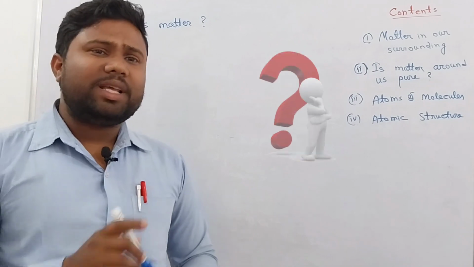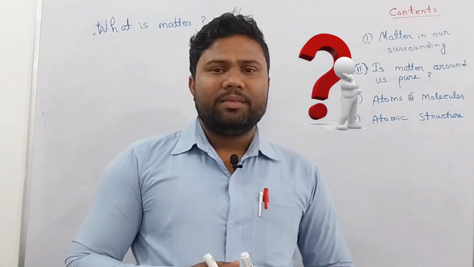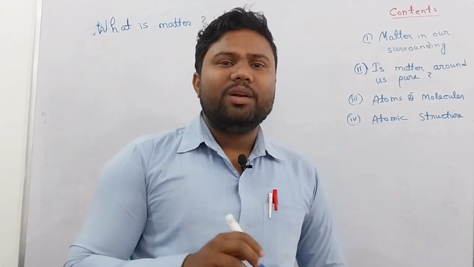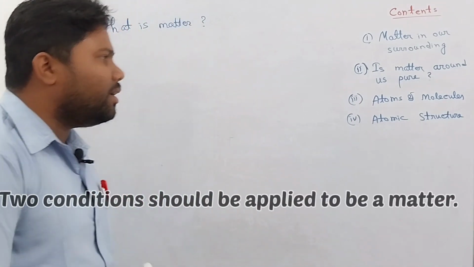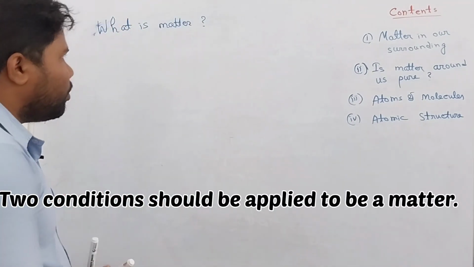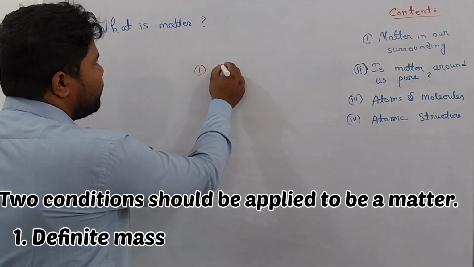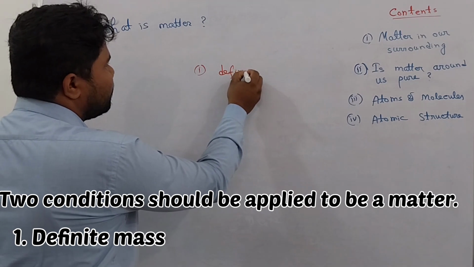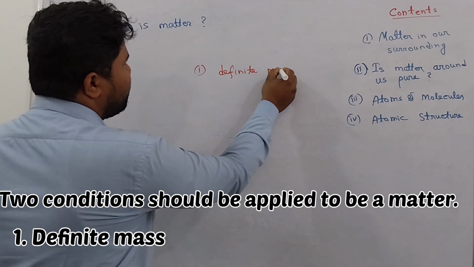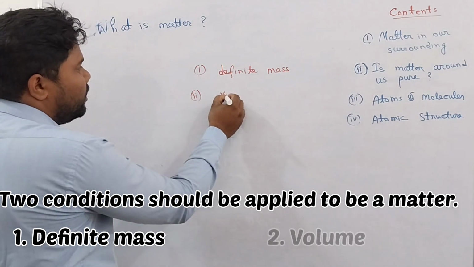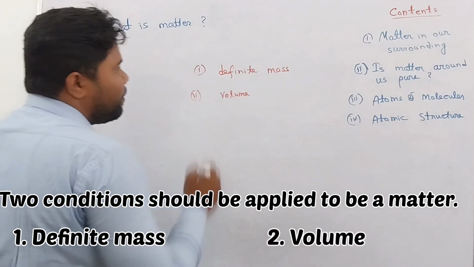This is also made of matter. But the question is, how can you understand whether it is matter or not? There are 2 conditions that should be applied to be matter. The first one is that it should have definite mass, and the second one is volume.